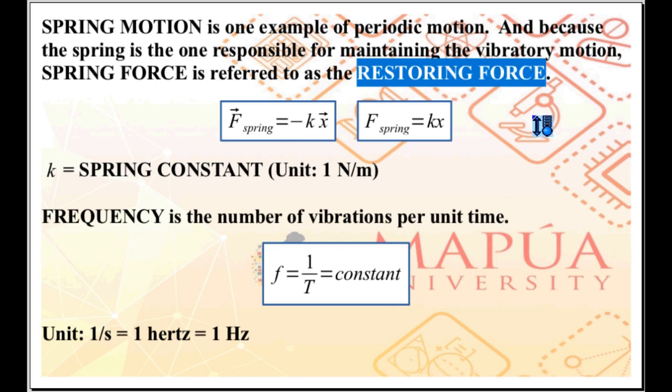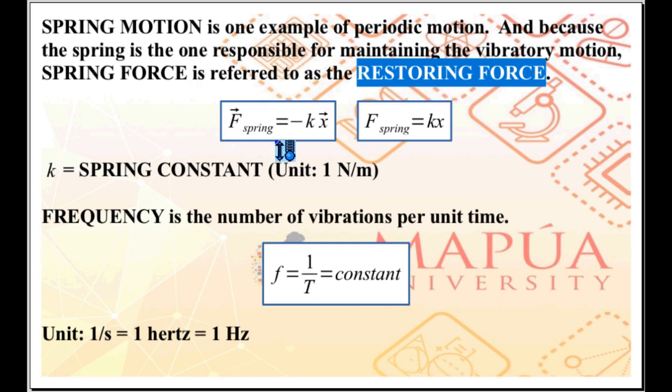The restoring force is the force that is maintaining the vibratory motion. Other types of periodic motion have different types of restoring force. For spring motion, the spring force is the restoring force.